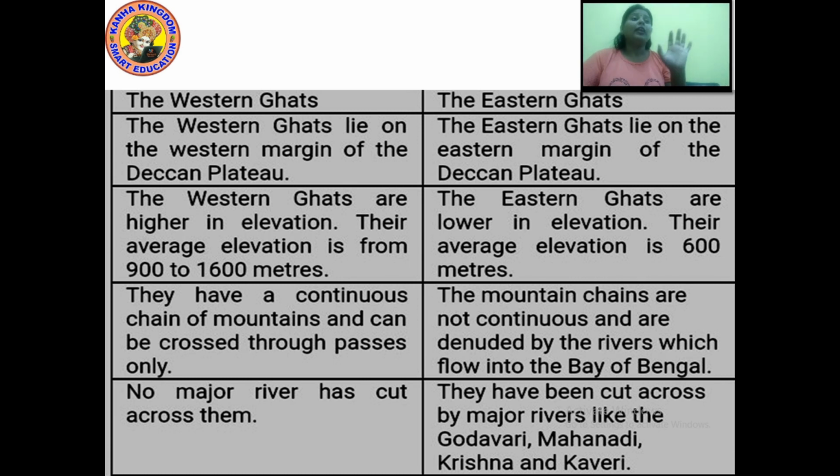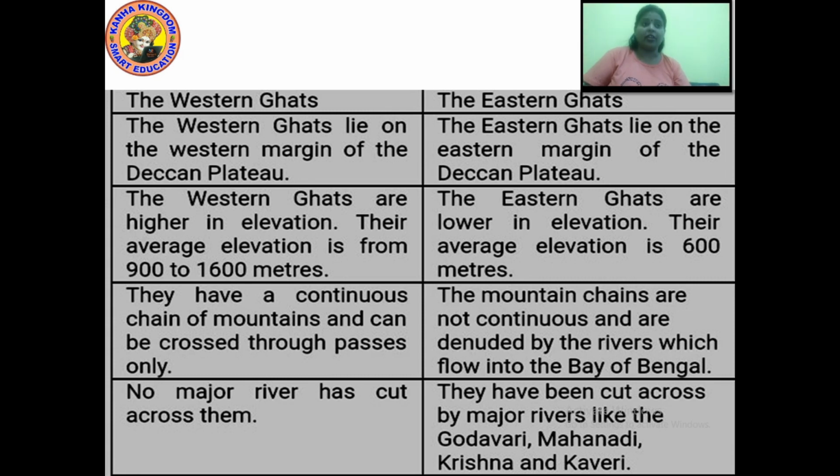So let's start with the difference between the Western Ghats and the Eastern Ghats. The Western Ghats lie on the western margin of the Deccan Plateau. The Western Ghats are higher in elevation. Elevation means height.